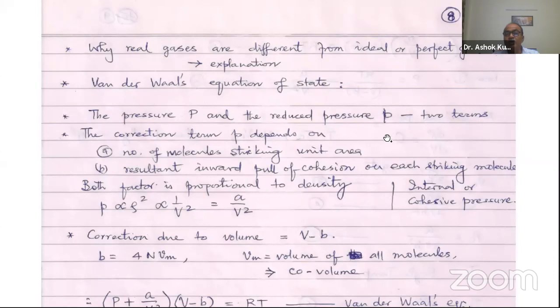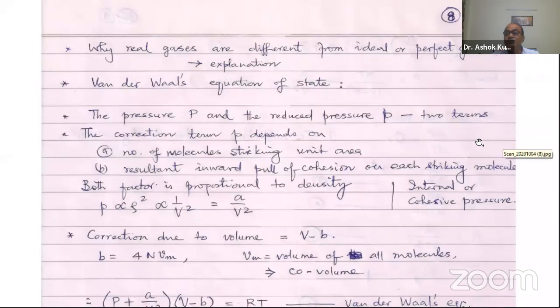So a molecule goes and strikes one wall, and there is an imparting of momentum. All right. Now imagine the molecules which are away from the boundary wall. Boundary wall means the wall of the container.